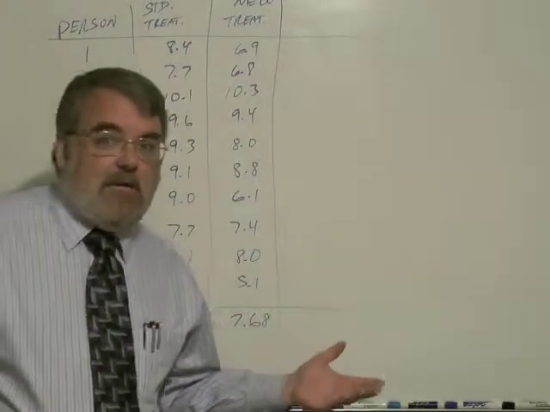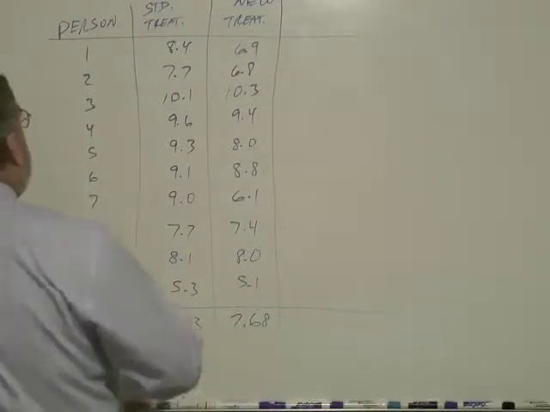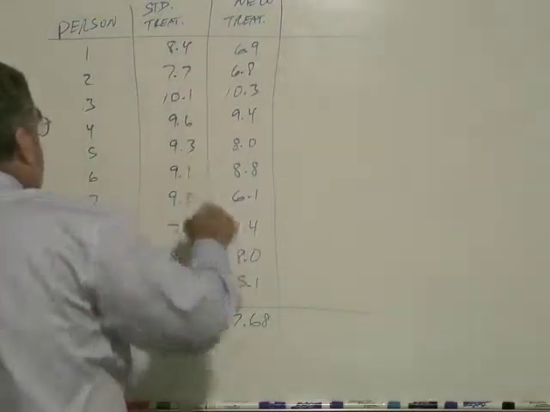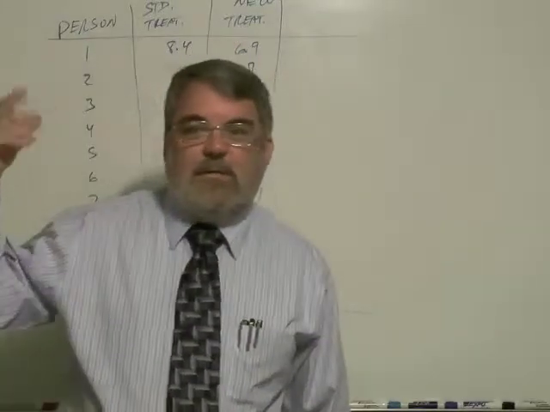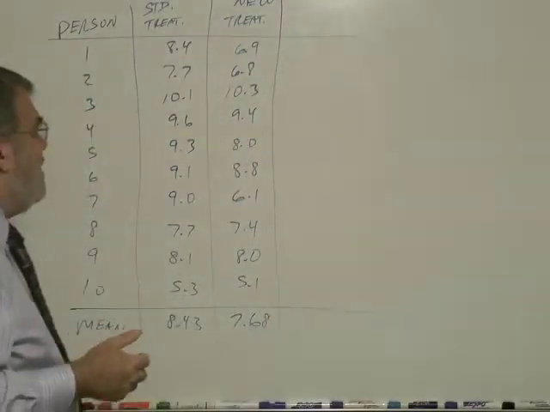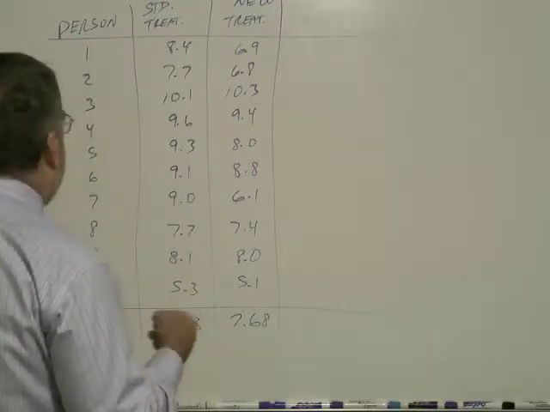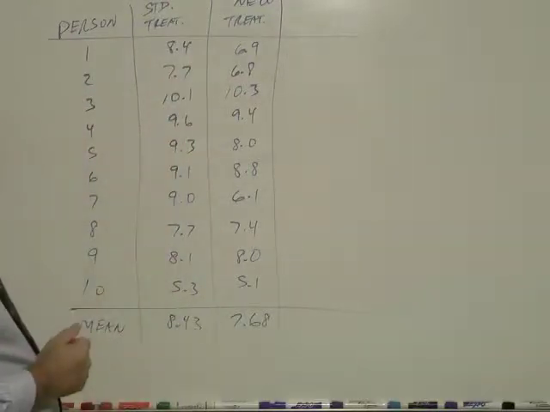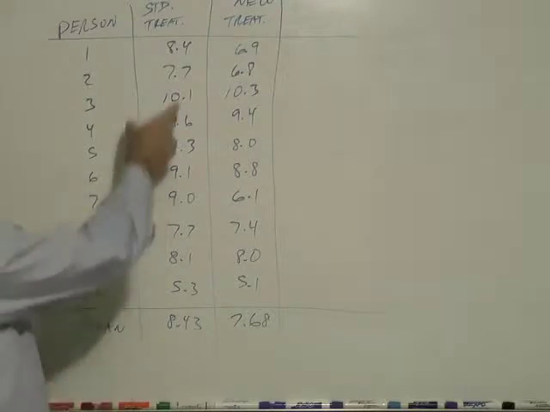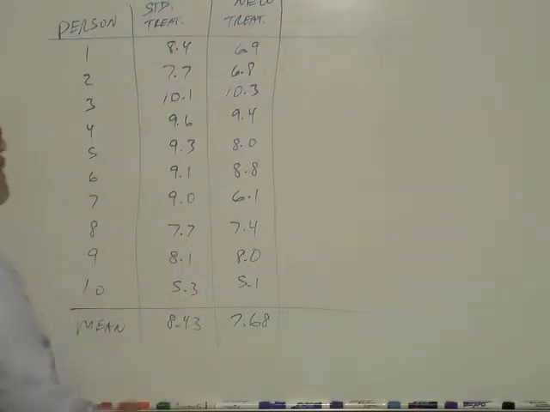Whether it be aspirin, Tylenol, I don't know what it is. But anyway, these are the minutes before they probably hit a button and say, oh, I'm starting to feel relief from my headache. So first person got headache relief in 8.4 minutes, next one 7.7, so on down the list. The average for this group was 8.43 minutes.